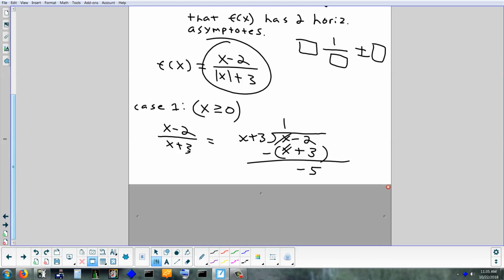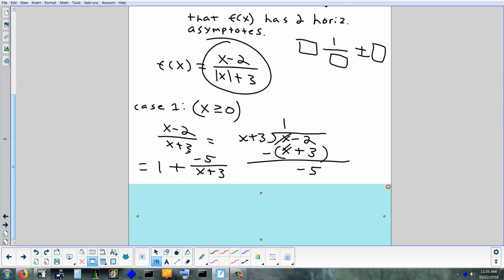So now I could rewrite this as my quotient, 1, plus my remainder over my original denominator. Just like writing a mixed number, except our mixed number has a variable in it. So it's 1 plus -5 over x plus 3. Now, technically, since it's -5, you could just say 1 minus 5 over x plus 3. Same thing.